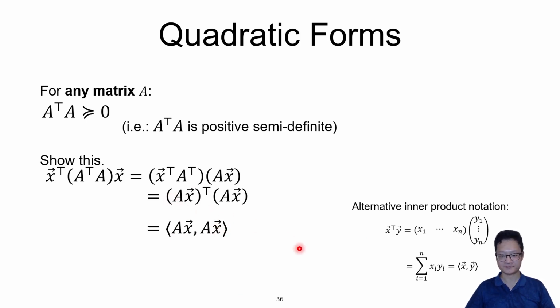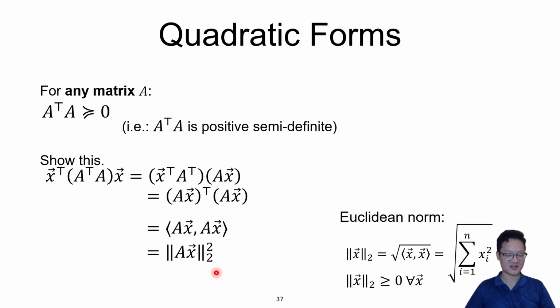Because the two arguments of the inner product are the same, this is always greater than or equal to 0. On the slides, I'm doing one more step: the inner product of a vector with itself gives the squared 2 norm of that vector. And we know that 2 norms are always greater than or equal to 0. The 2 norm is also called the Euclidean norm.